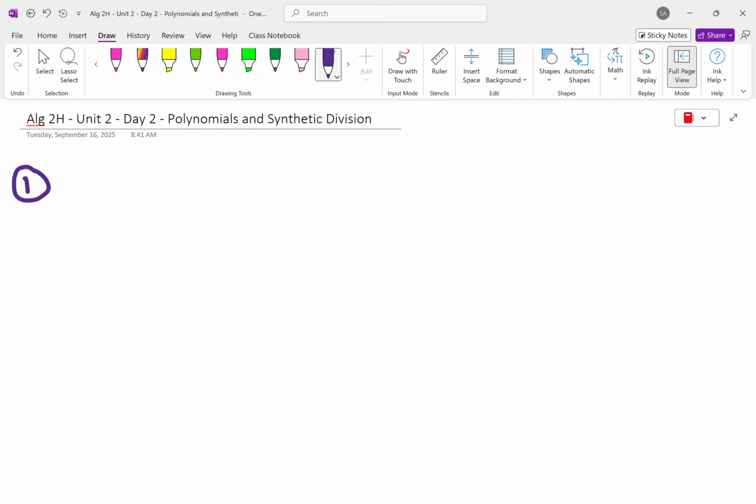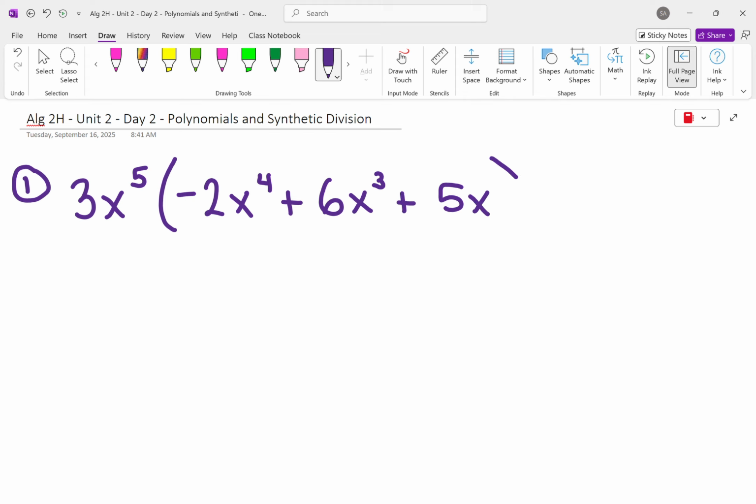So our first example will be 3x to the fifth times the quantity of negative 2x to the fourth plus 6x to the third plus 5x.